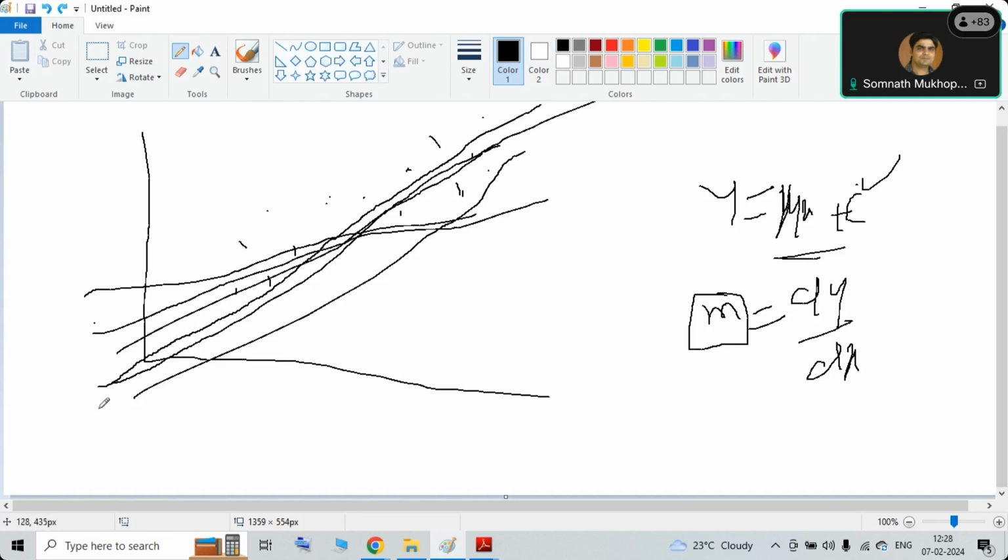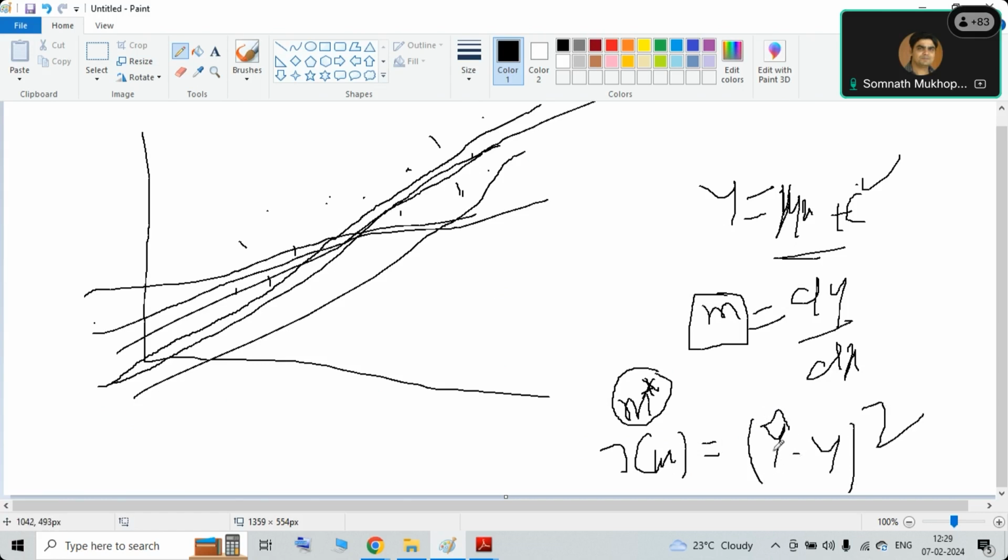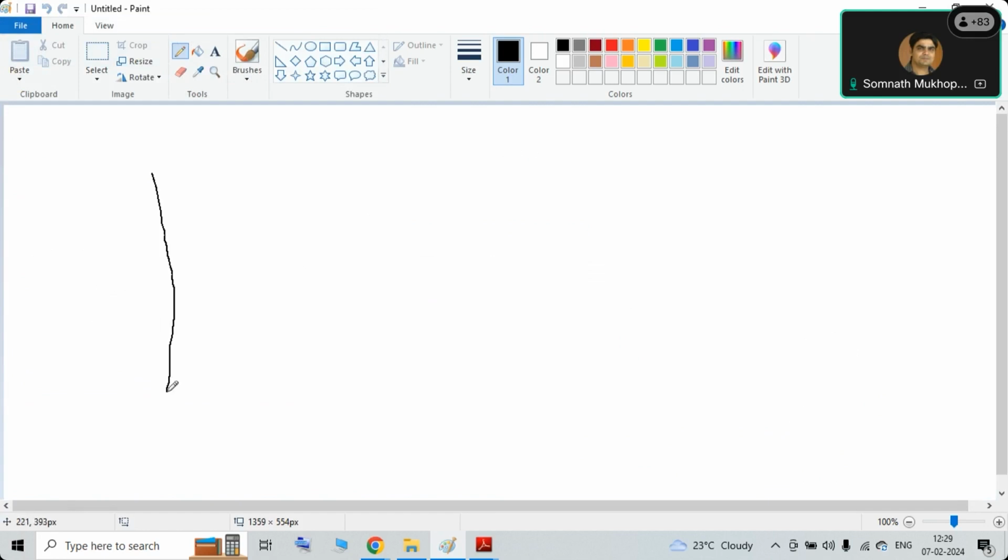This is a linear regression problem. If the best fit line has a gradient like m star, that m star we need to find, for which we get the least error. Suppose the cost function is J(m) equals (y hat minus y) whole square, where y hat is the predicted value and y is the actual value.